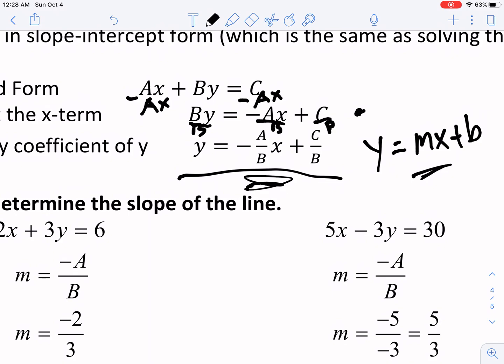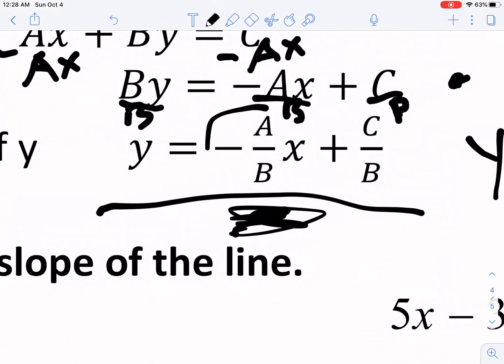It's y equals mx plus b. Well, what piece of this puzzle would be the m? Right there, m. So what they're saying is you can use this as our formula to find m when we're in standard form. Take negative a over b and we'll have our m.